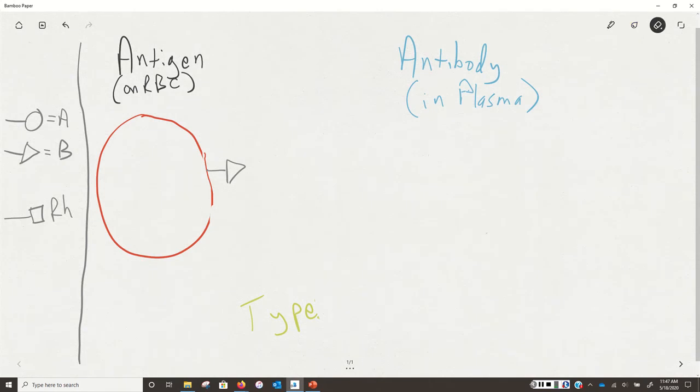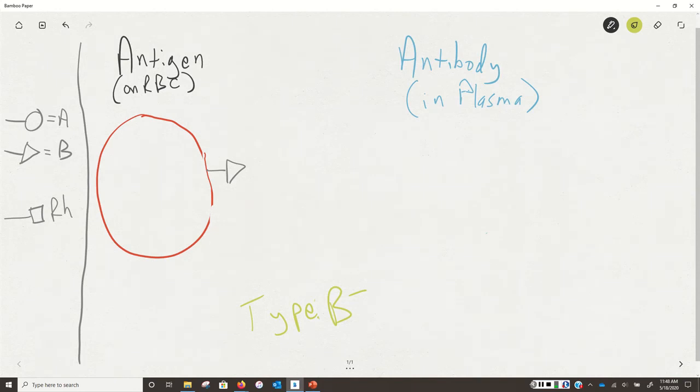They have the B antigen, so they are blood type B. Do they have the Rh factor? No. They are negative for Rh. The negative is not another antigen. It means they do not have the Rh antigen.